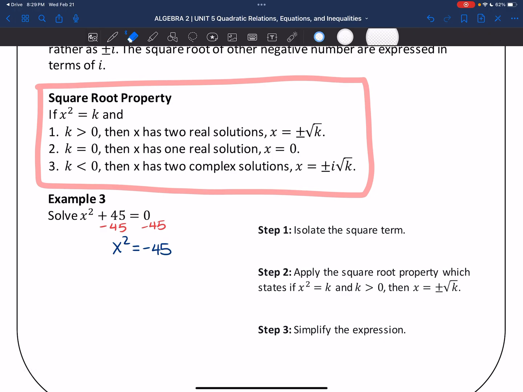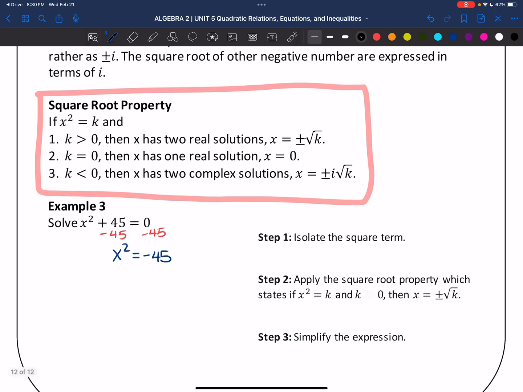What we have is actually that our k is less than 0. You see how our k value is less than 0, so what we will have is not just positive negative square root of k, but positive negative i square root of k. And for that k, we're going to want to take the absolute value. So what does that look like here?